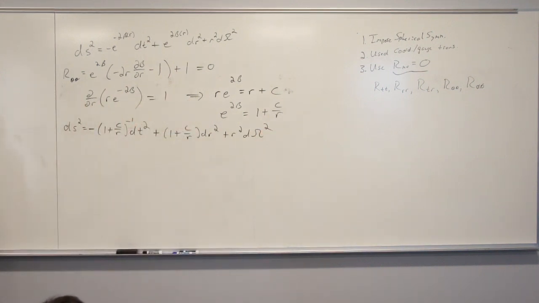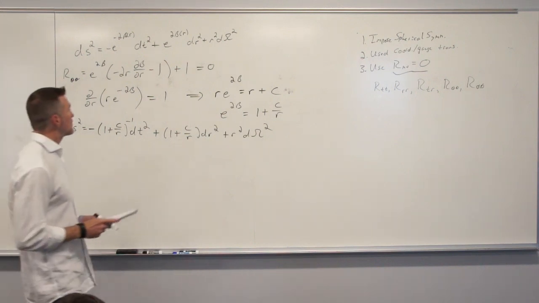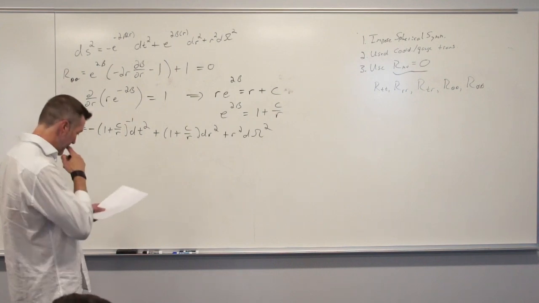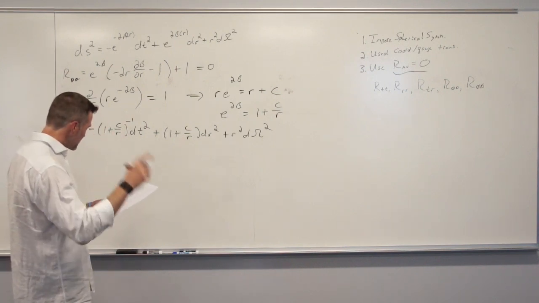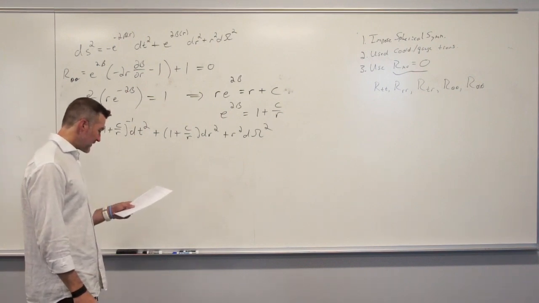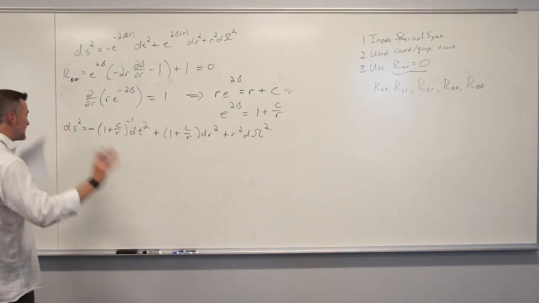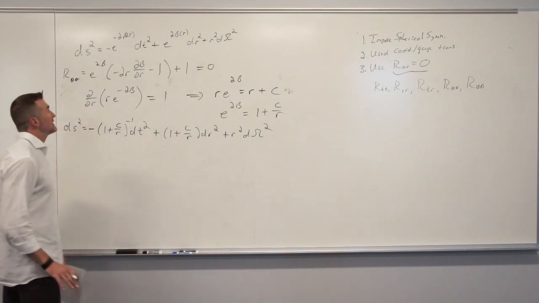Yeah, go ahead. Why is your r e to the 2 beta not negative 2 beta? Oh, wait a minute. Hold on. Oh, no. No, I'm sorry. All right, so yeah, this is the problem.